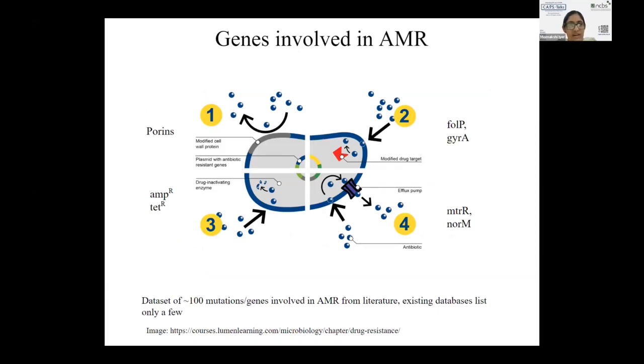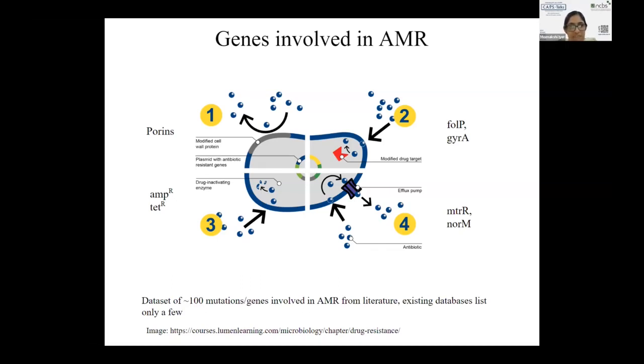One is modifications in proteins called porins. Whenever a bacterium takes in a drug, there are drug efflux pumps through which the drugs can go out. Any modifications in these will affect the drug efflux and influx mechanisms.